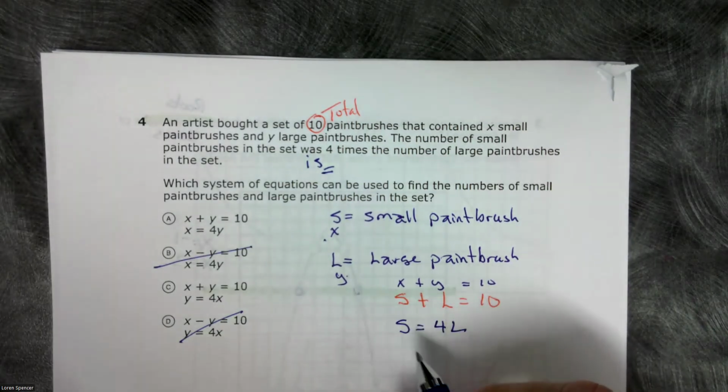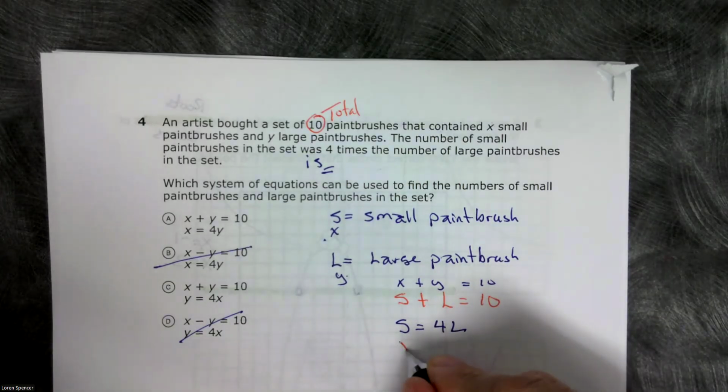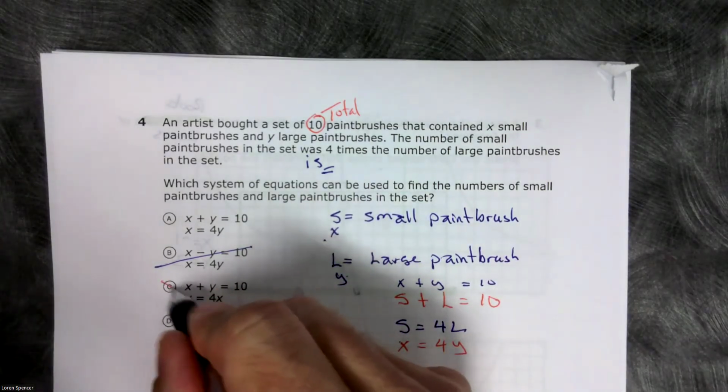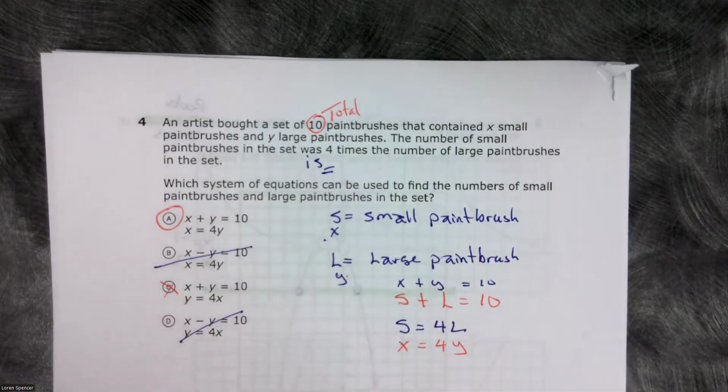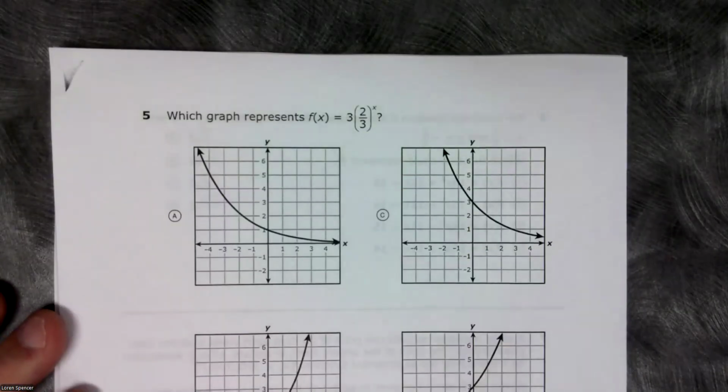Oh, but they didn't use that. They used X's. So in this case, we'll have to go X equals 4Y. Oh, X equals 4Y? Huh, that's not this one. Answer choice A. Okay?